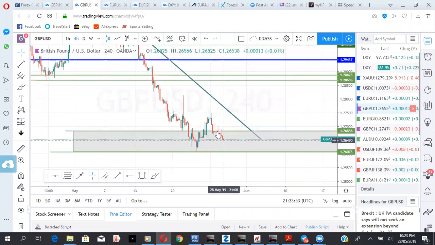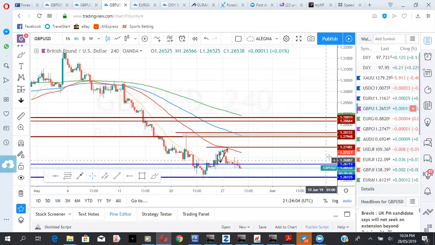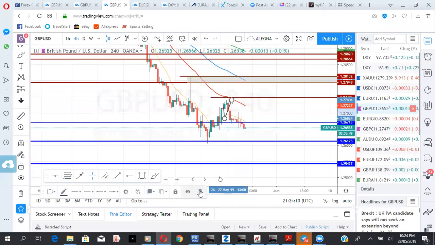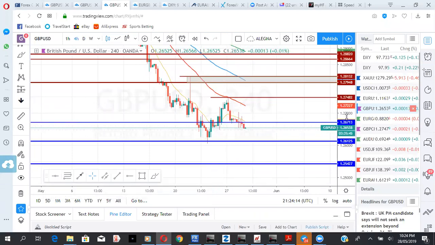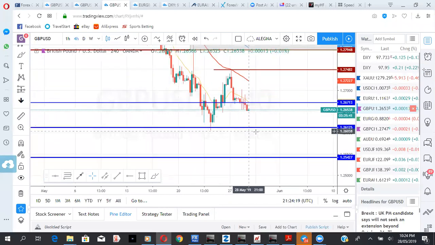So price is in this area now. As you can see, rejected from 2683. So if I go down to the GBPUSD chart, let's see now. Price dropped down here. That was initial analysis. It dropped, spiked up, but now we may be seeing price come down towards this level.